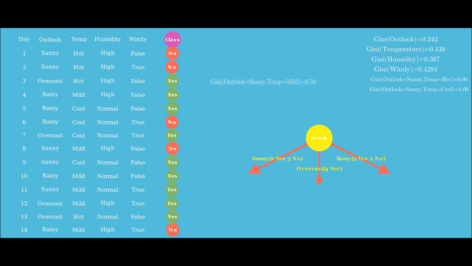So it would come 0.50. Now the weighted average of Gini indices would be calculated. So that is 0.20.